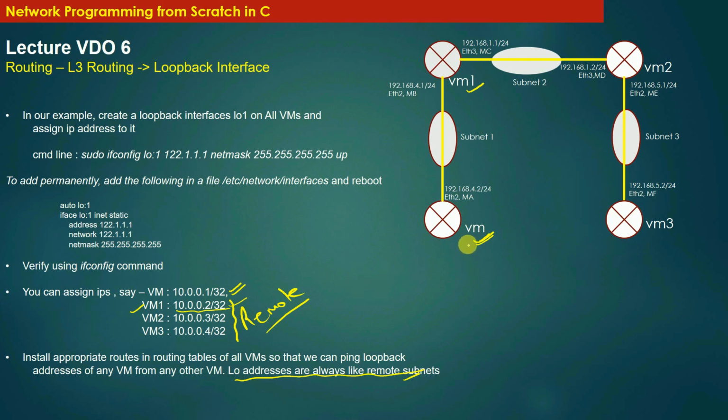For machine VM0, is there any local interface which has an IP address that falls in this subnet? The answer is no. It means that the loopback interface of VM1 is a remote subnet with respect to VM0. I'm not saying anything new, I'm just applying the older basic definition and principles in order to arrive at a conclusion.